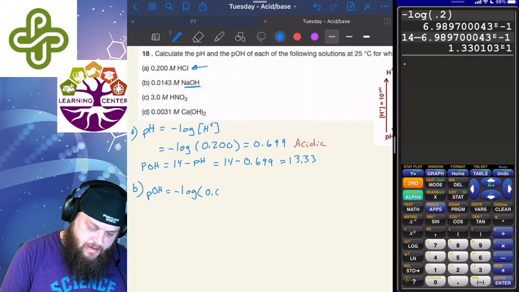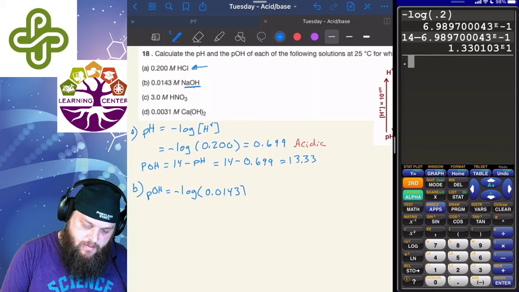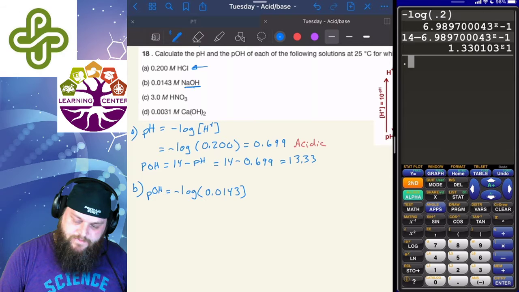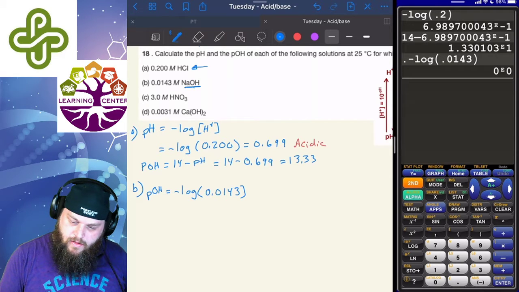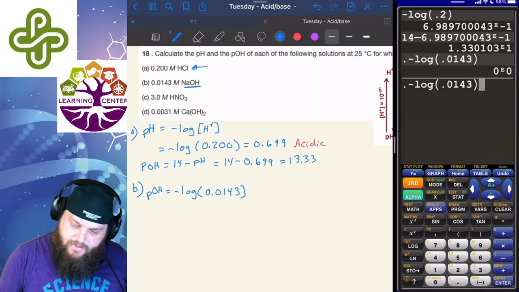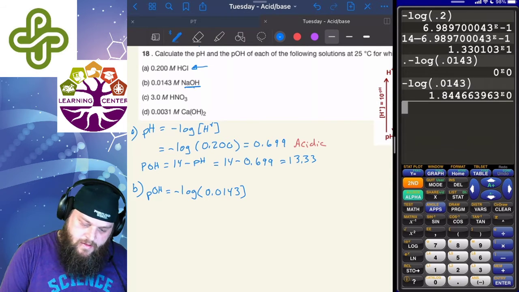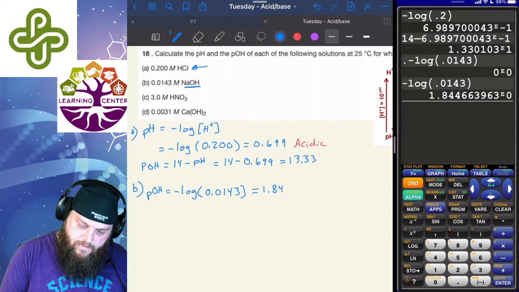So I can put in here now 0.0143, and I can find the pOH of that. So negative log 0.0143. There we go. So I can see the pOH is equal to 1.84.